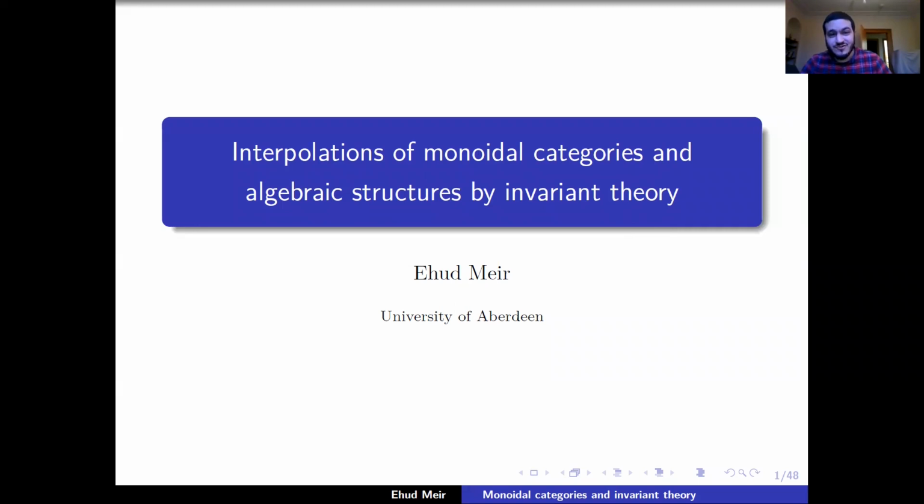I will talk about general algebraic structures in monoidal categories, and also how we can use invariant theory to study them. The main difference is that in the first part of the talk, I gave examples of categories that one just finds in nature, let's say. And in this part, we will do more things like constructing examples of symmetric monoidal categories, including those of Deligne, but some others as well.